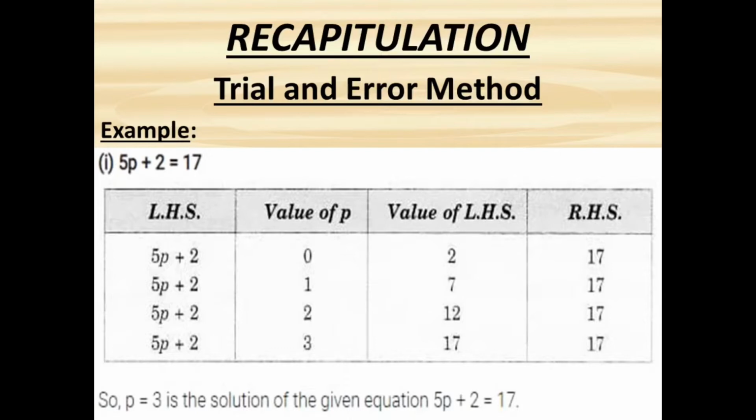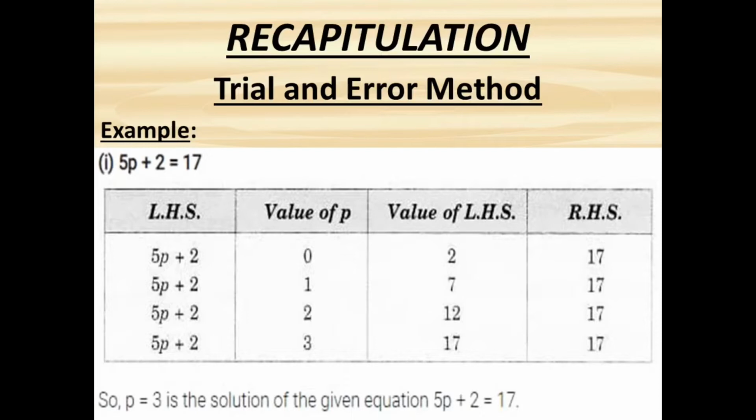Now second step, on putting the value of p as 1 the LHS becomes 7 and RHS is 17 only. Now if we put the value of p as 2, we get the value of LHS as 12 and RHS is as it is, that is 17. And on putting the value of p as 3, we get the value of LHS as 17 and RHS is also 17.